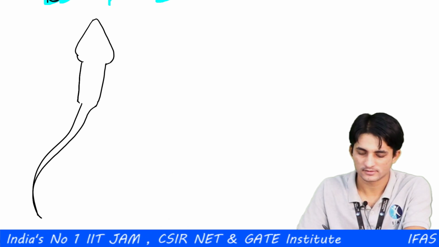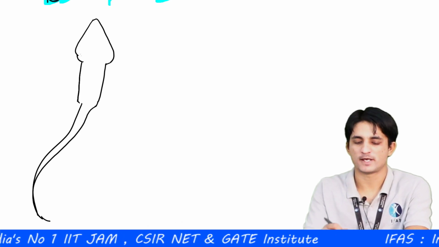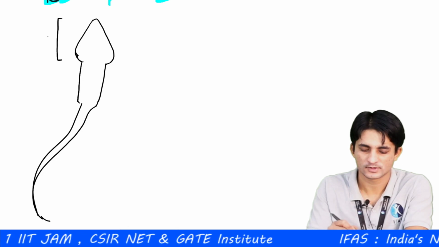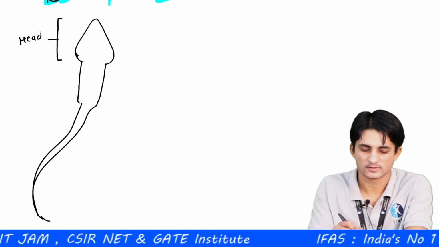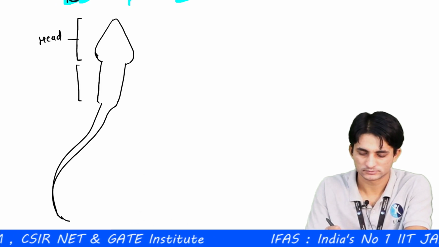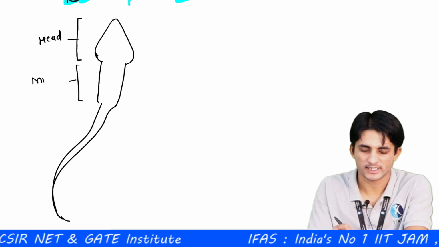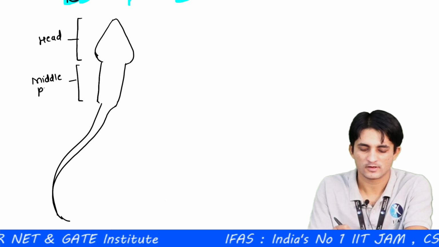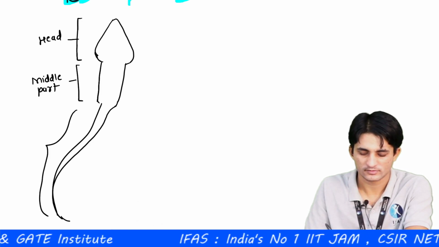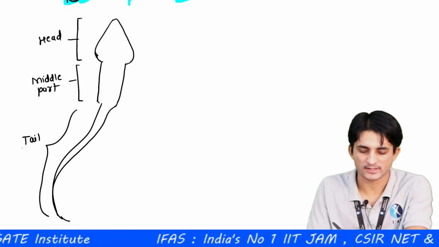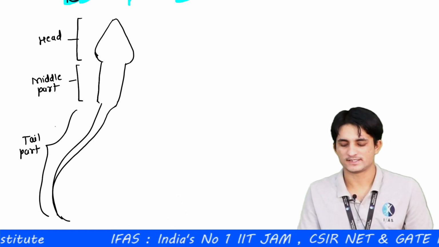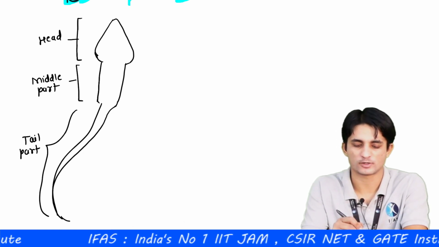So this is the head part, then this is the middle part, that is the neck, and this is the tail part, that is the flagellum. So this is the structure of the sperm.